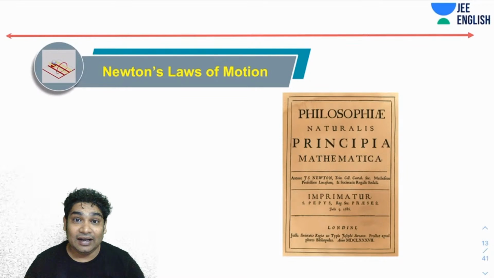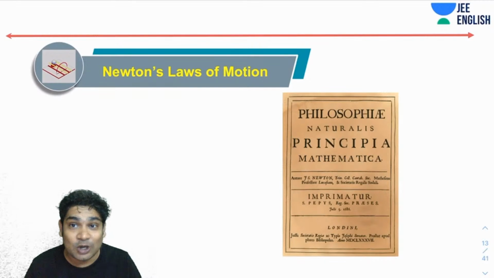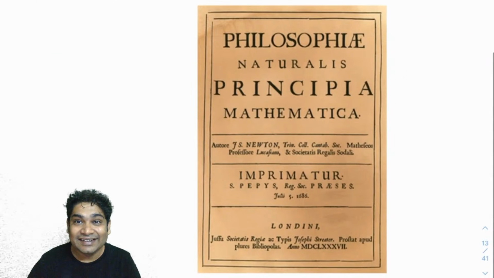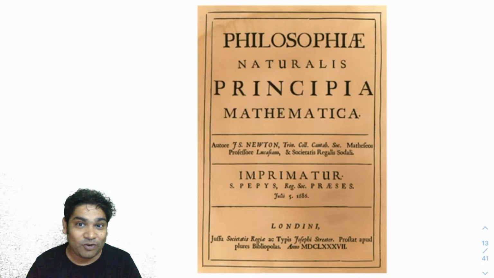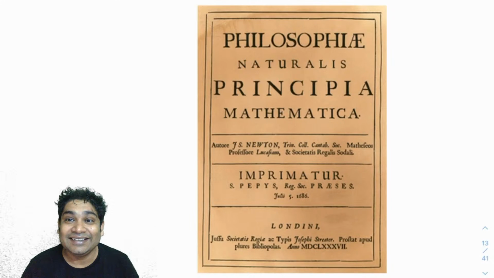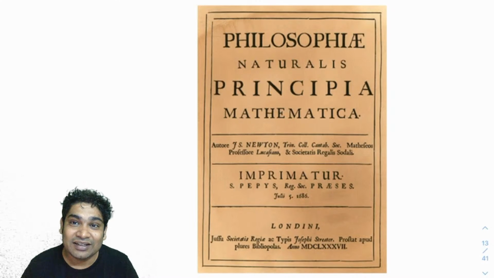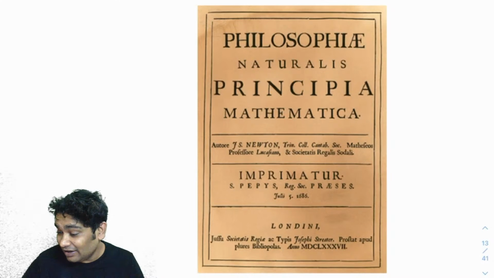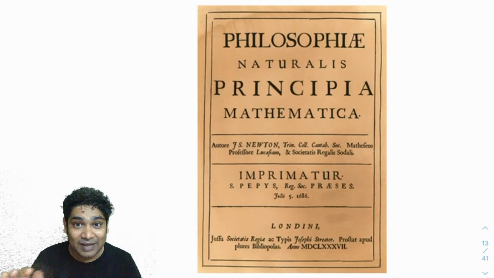All right. So in the last lecture, we talked about Newton's laws. Okay, so this is something amazing. This is an actual photograph of the paper that Newton presented. The name of that paper was Philosophiae Naturalis Principia Mathematica, that is, natural philosophy's mathematical principles.